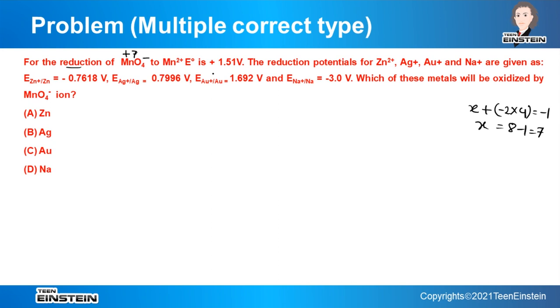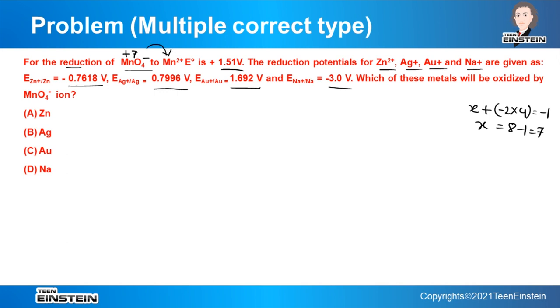For this system, E naught is given as 1.51, and the reduction potentials for these 4 systems are also given. Now which of these metals will be oxidized by MnO4 minus? That means among these 4 metal systems, which can reduce MnO4 minus to Mn2 plus, that is, make the Mn plus 7 state go to the Mn2 plus state?